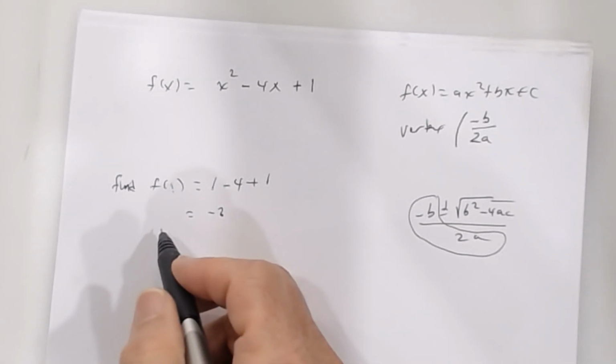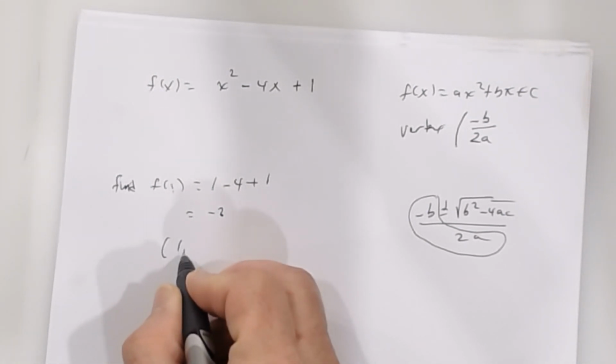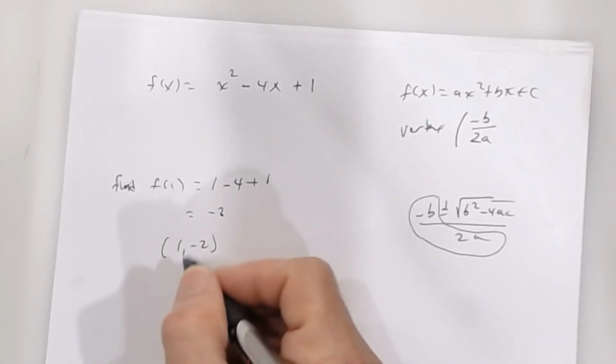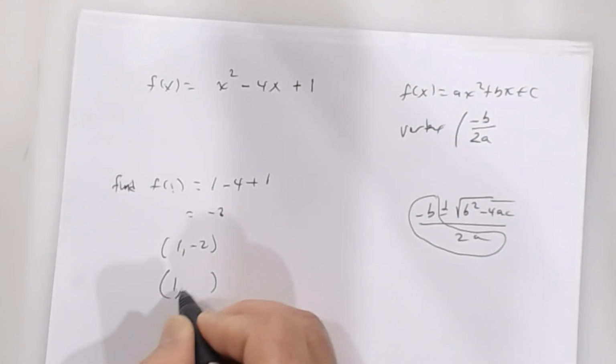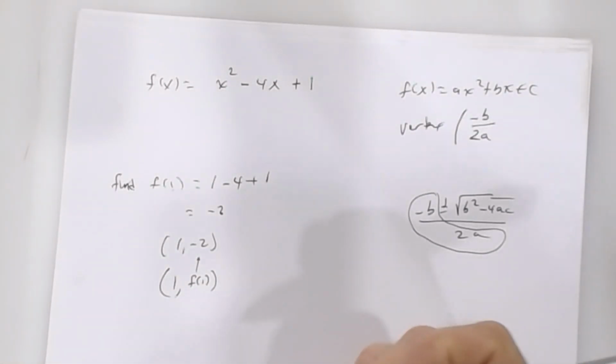So a point on the graph is going to be 1, negative 2, correct? Do y'all agree that what I'm about to write means the same thing? 1, comma, f of 1. Are those two the same thing? Yes, because f of 1 is negative 2. So these two things are the same thing.